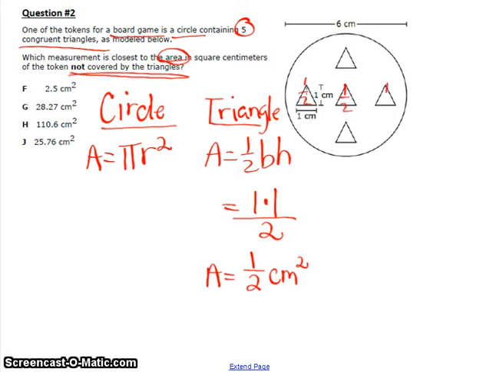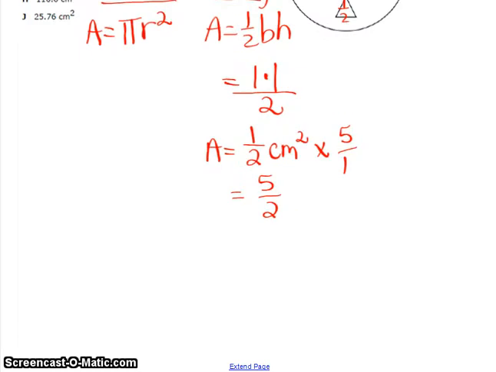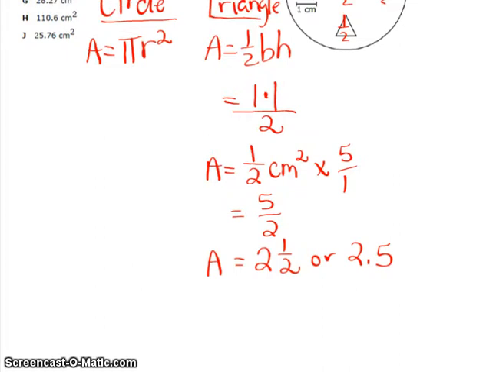When you have 5 that are all the same, you can multiply this by 5, which will give me 5/2, which means that my area of the triangles is 2.5. Okay, so that's the area of the triangles.